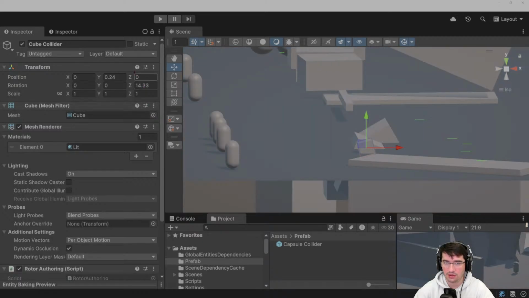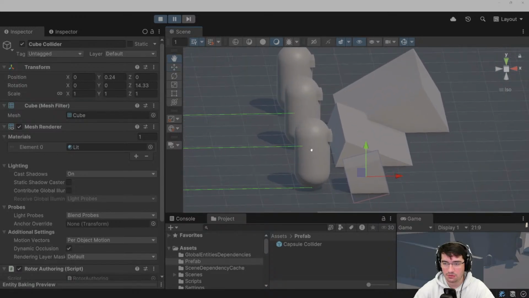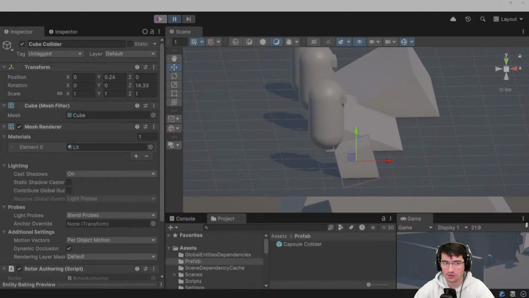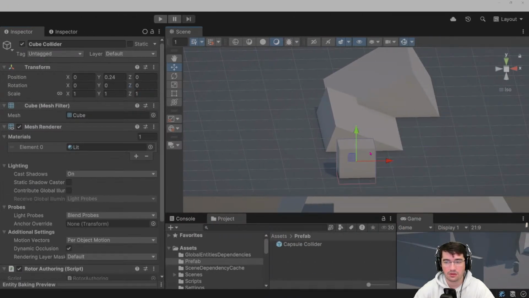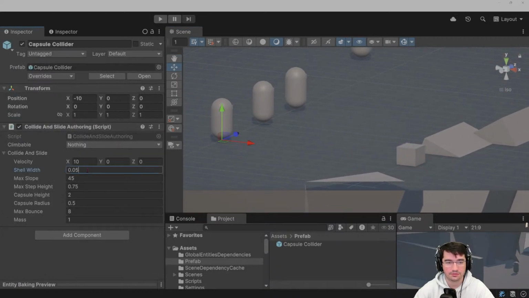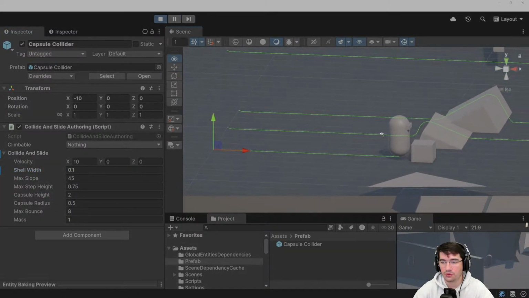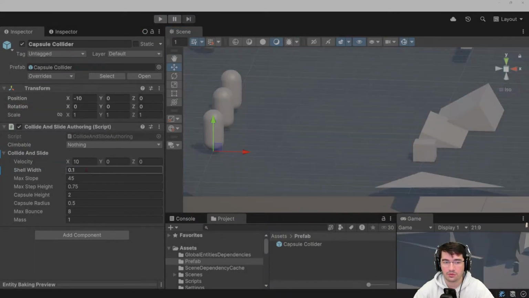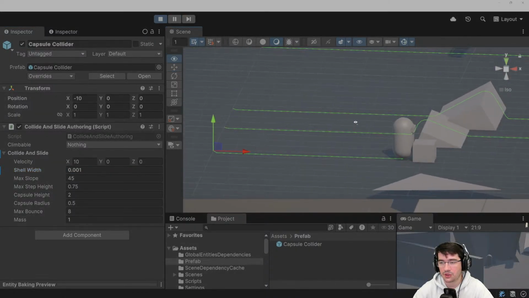Okay. So what's happening here? Is this because of the shell? No. Still not.